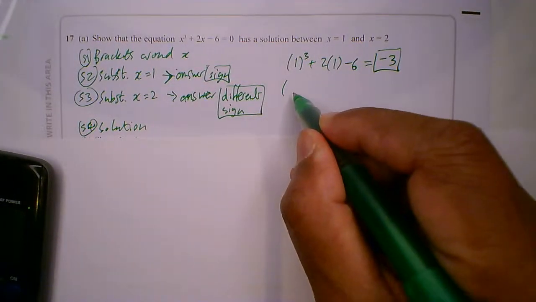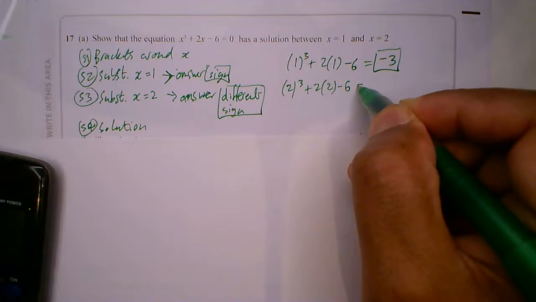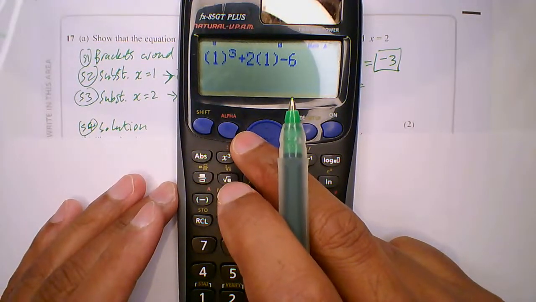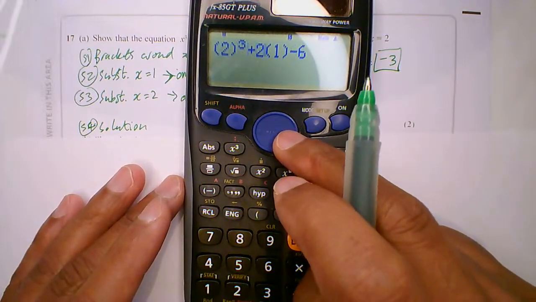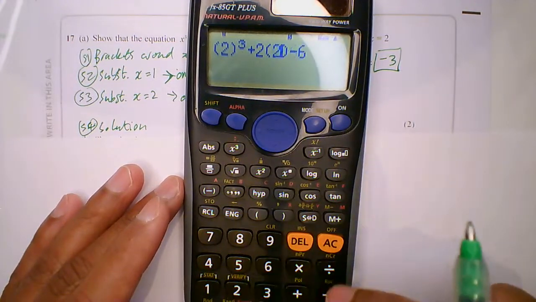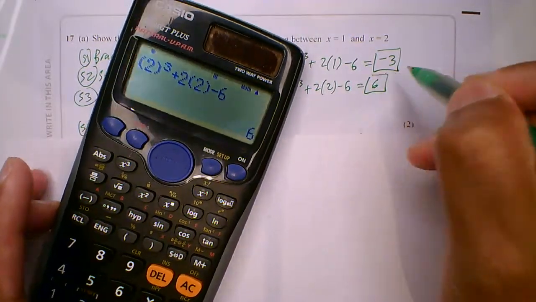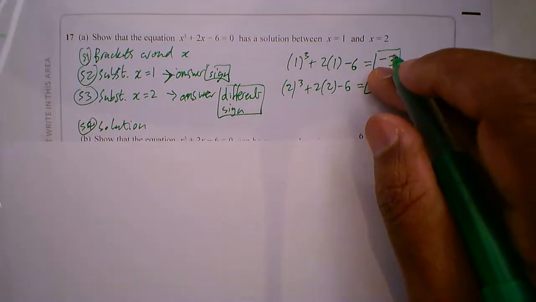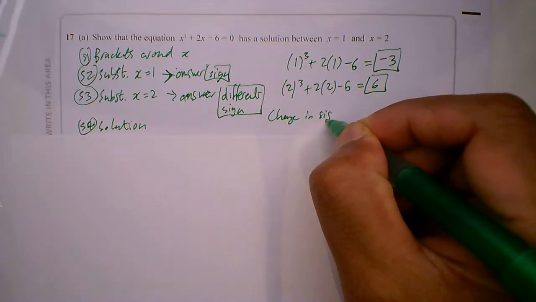Then we do the same with 2 cubed plus 2 bracket 2 minus 6, and use your arrow buttons if you want to do that. It gives us 6. You can see there is a change in signs.